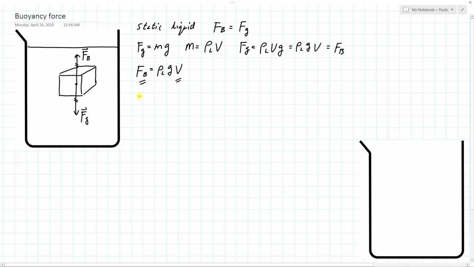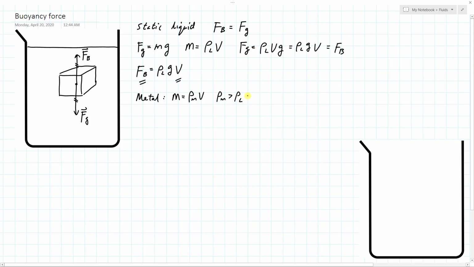So let's consider buoyancy force of an object, this is, let's say, metal. We have a mass of the metal, which is equal to the density of the metal times its volume. And we'll have an assumption that this density of metal is greater than the density of the liquid, or more or less water, common liquid.